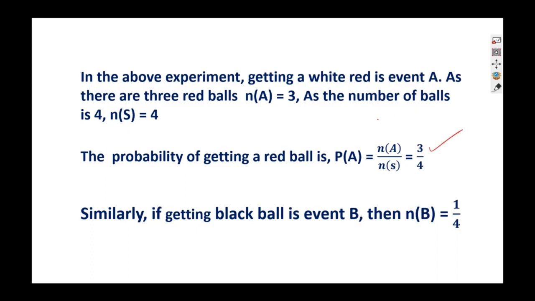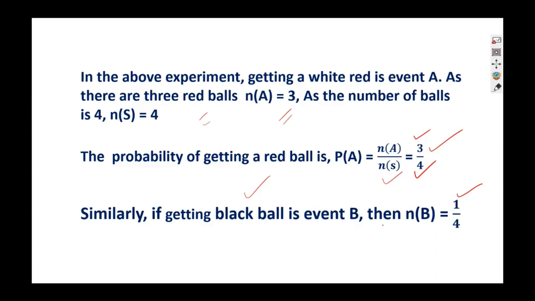The maximum possibility or chance in this case, as there are 3 red balls, we will write it as 3, and as the number of total balls is equal to 4, naturally the number of sample points in the sample space will be equal to 4. The same way, if you think about the black ball, the chance of getting a black ball, or probability, is equal to 1 upon 4 according to the same formula. So this way we find out the probability of a particular event.